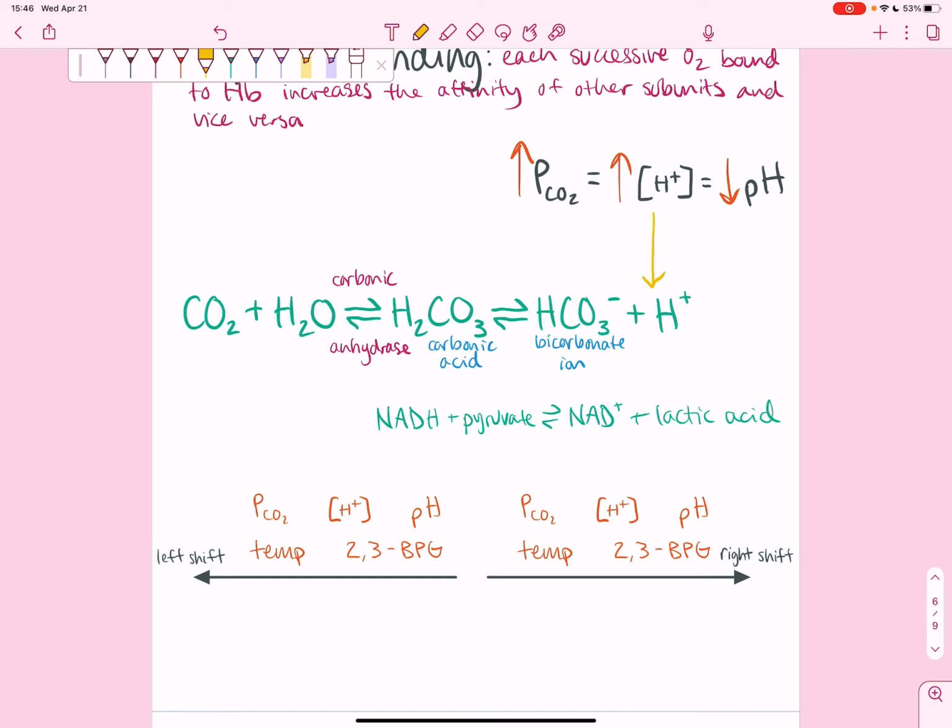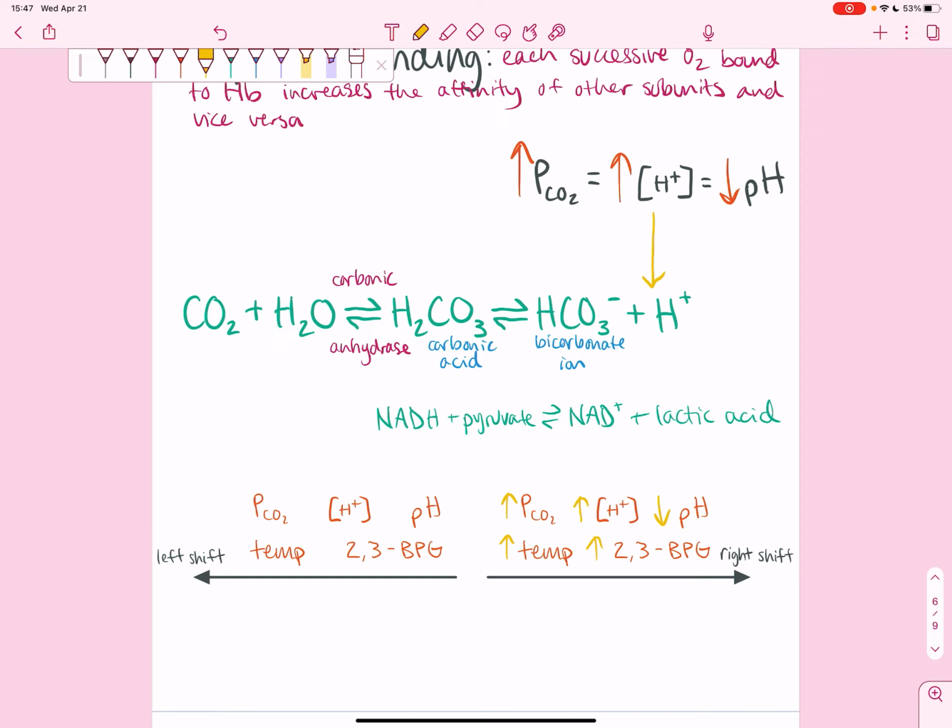So a high partial pressure of carbon dioxide, which also, as we saw up here, results in an elevated amount of hydrogen ions in the blood, which then results in a decreased pH, as well as then higher temperature and increased concentration of 2,3 BPG, BPG meaning bisphosphoglycerate.